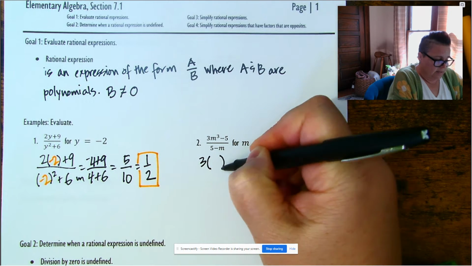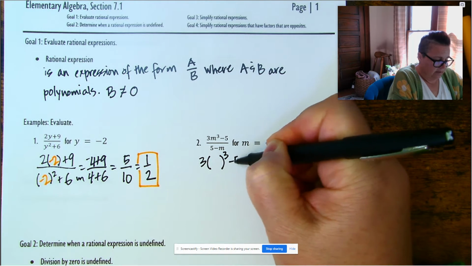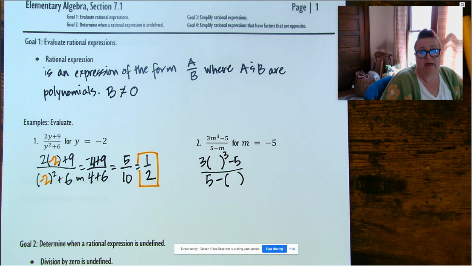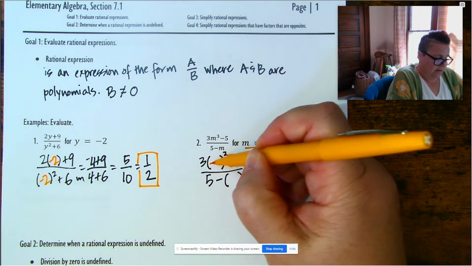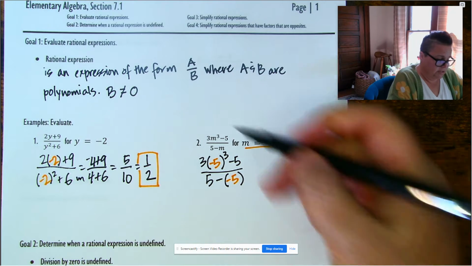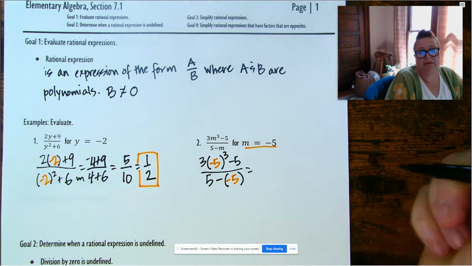So we have 3 times m cubed minus 5 over 5 minus whatever that m value is. Our m here is -5. Watch your order of operations. You want to cube that first.